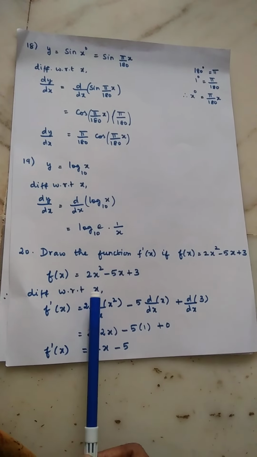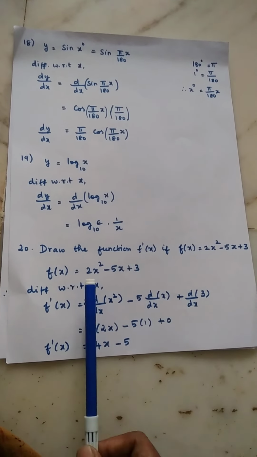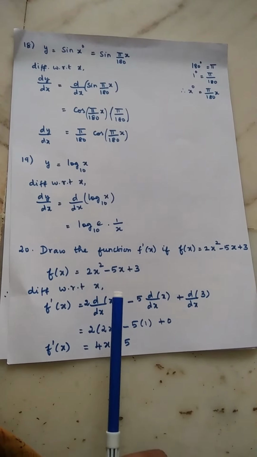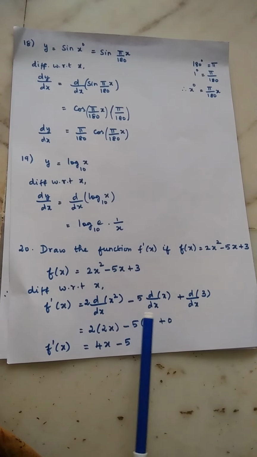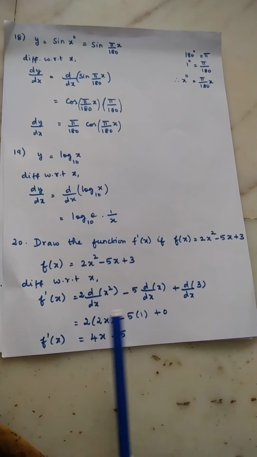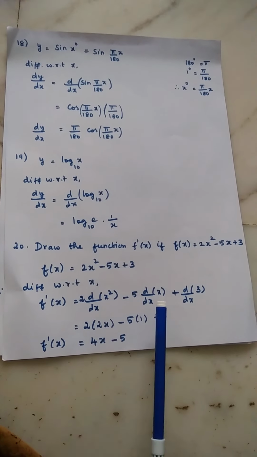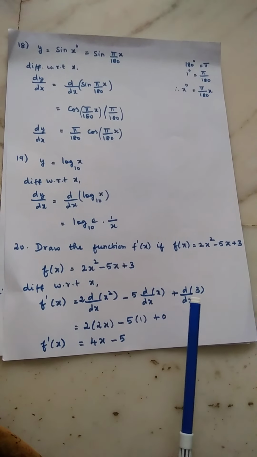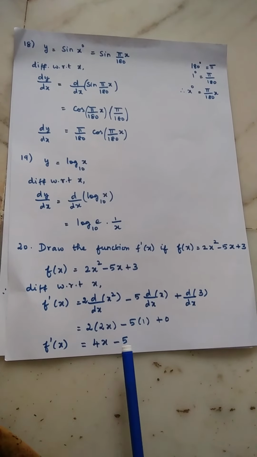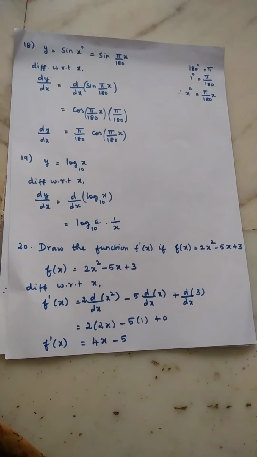So differentiating with respect to x, f dash of x is 2 d by dx of x square, minus 5 d by dx of x, plus d by dx of 3. 2 into derivative of x square is 2x, minus 5 into derivative of x is 1, plus derivative of constant is 0. So multiplying, 4x minus 5. f dash of x is equal to 4x minus 5.